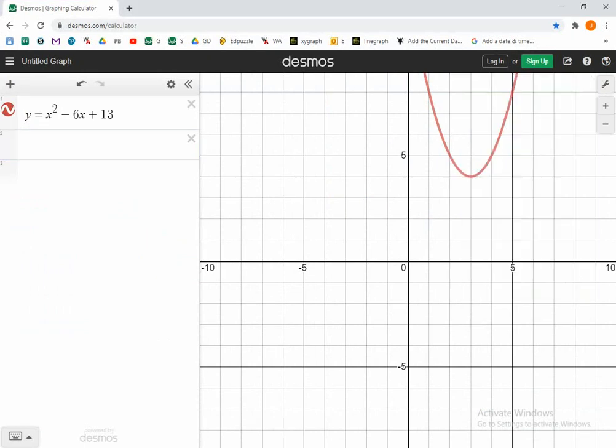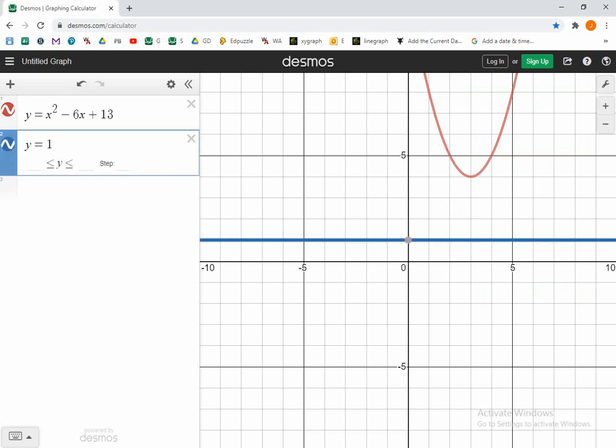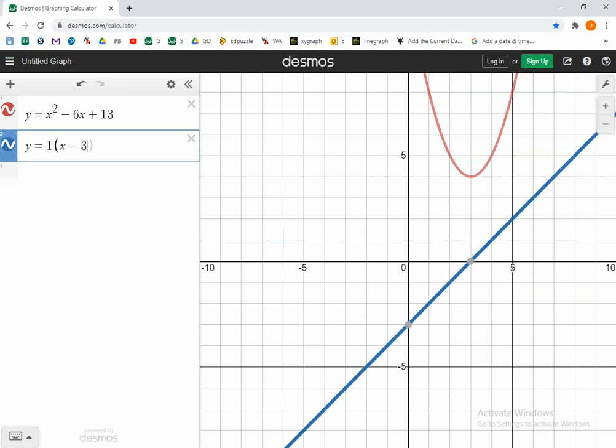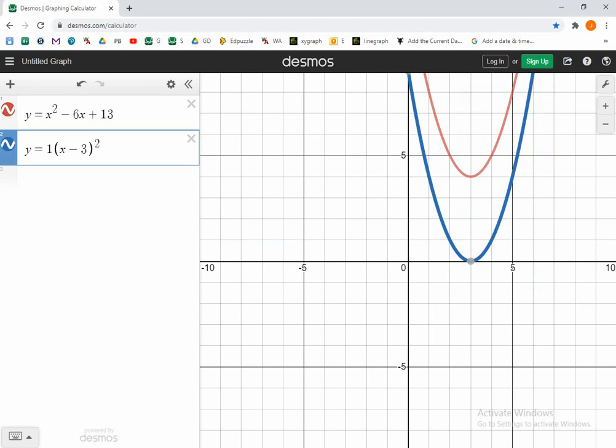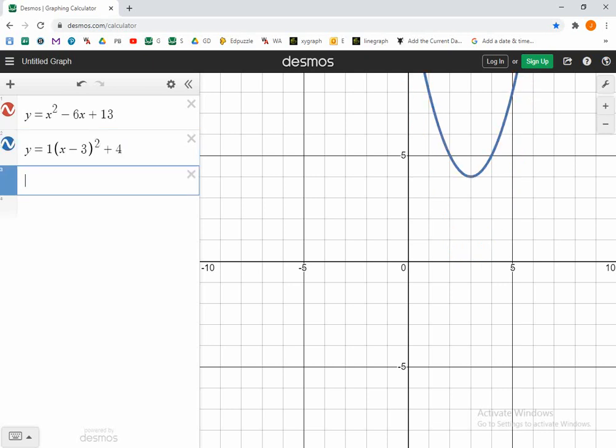Now, if I type in y equals 1 times x minus 3 squared. Okay, kind of look at it right now. Do you think I need to move this thing up 1, 2, 3, 4 units so it becomes the red one? Yeah. So I'm going to add 4 and it becomes the red one. So now we see 2 different formats for the exact same curve.